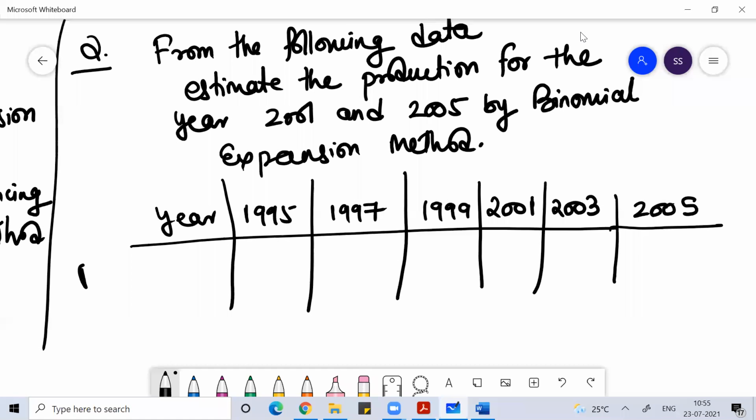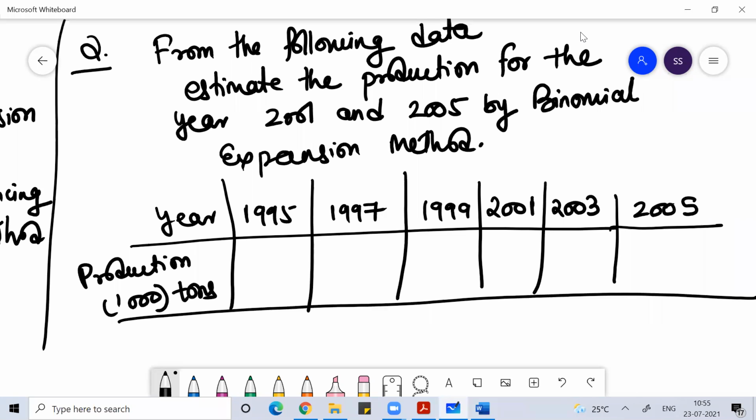Here the production in thousand tons is 20, 40, 70, question mark, 130, question mark.